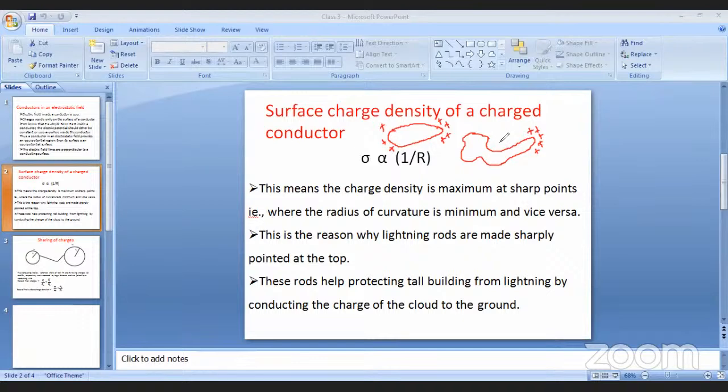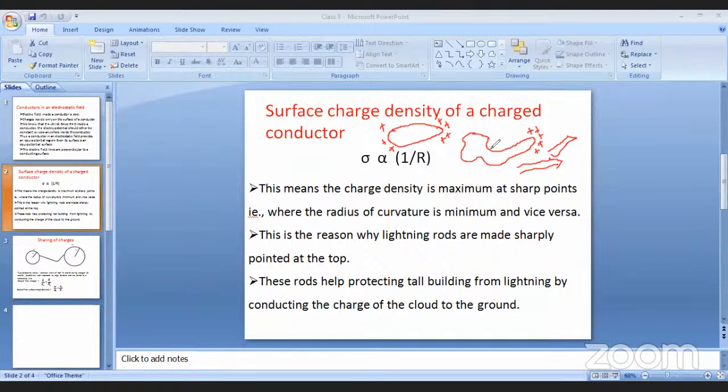This is why a lightning conductor protects the building from lightning. Whenever you have a sharp edge like this, charges always tend to accumulate at the sharp edges. That means the surface charge density of a conductor is always inversely proportional to the radius of curvature.